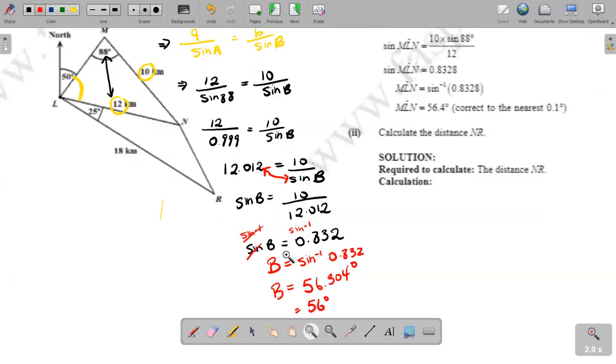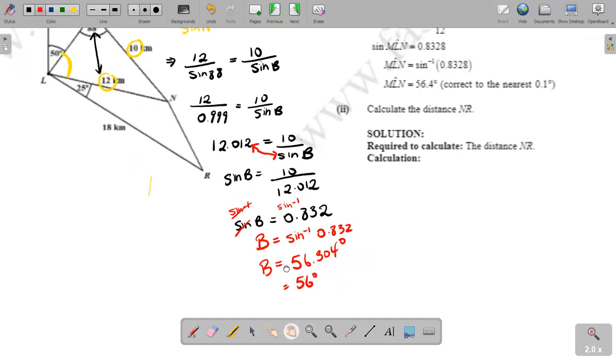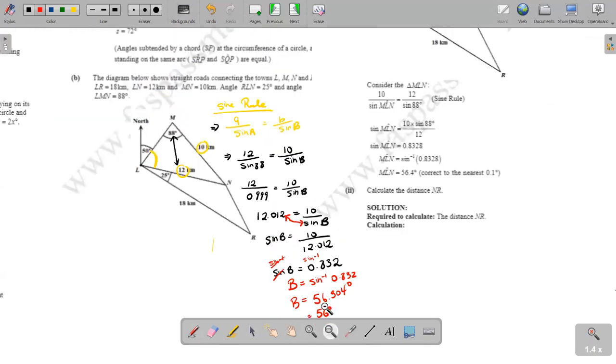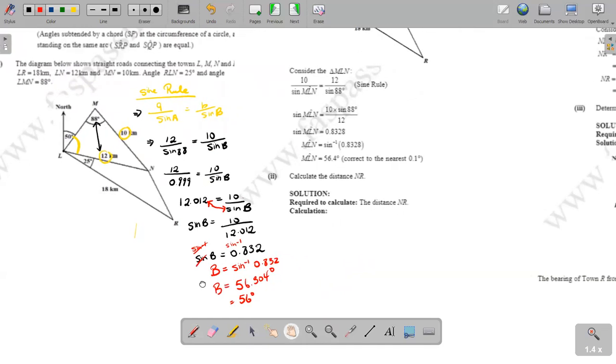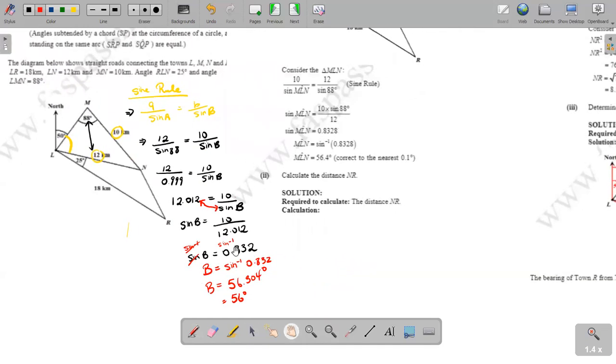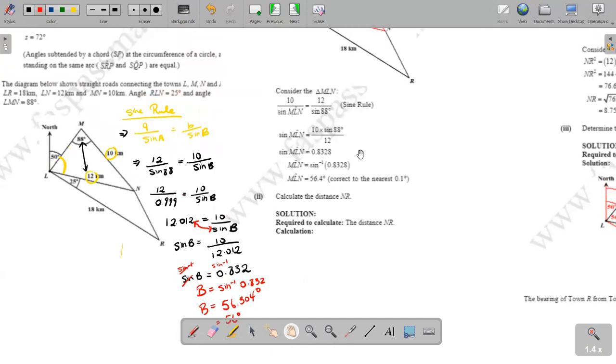So if you want to take a picture, I suggest that you do so. And here you've got it two ways. This is the advanced way, and here, this is the explained way, so that you understand everything that is happening here.